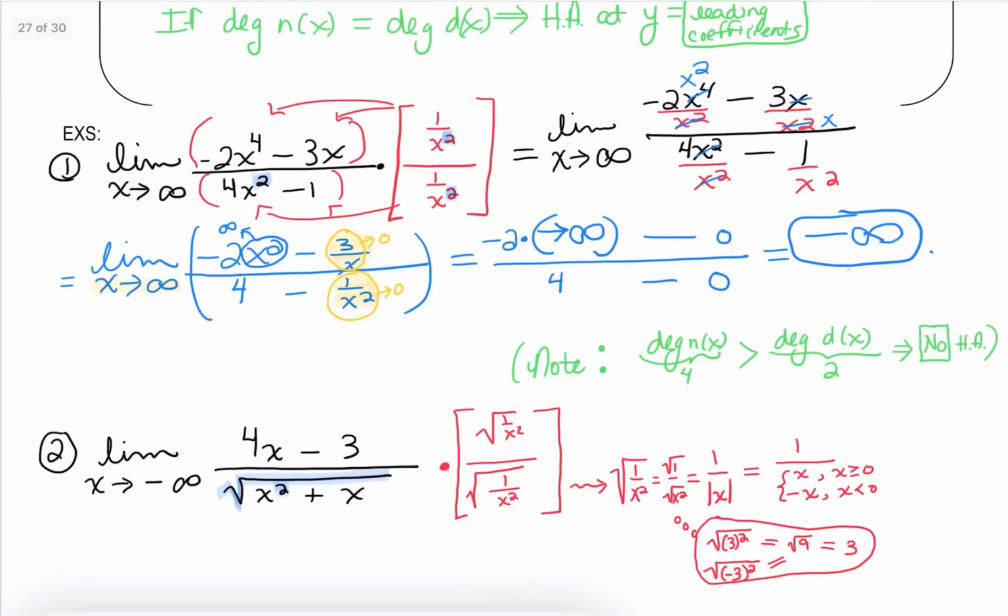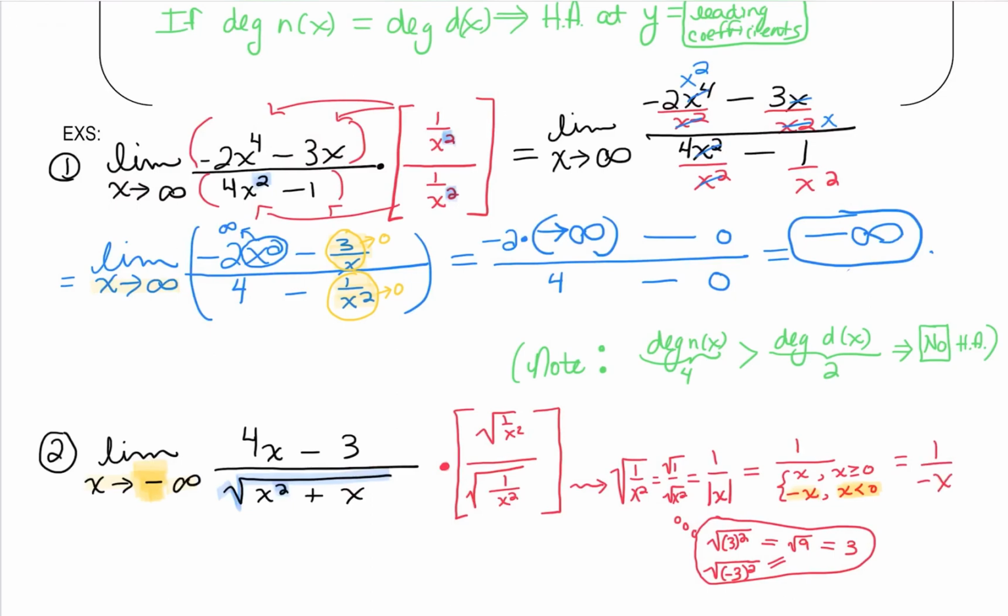Well, here's what we have to look at. This is a limit as x is going to negative infinity. So these are x's that are going to be less than 0, and that means we're going to need to use the negative x definition.